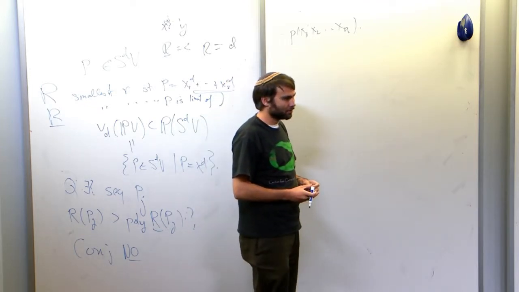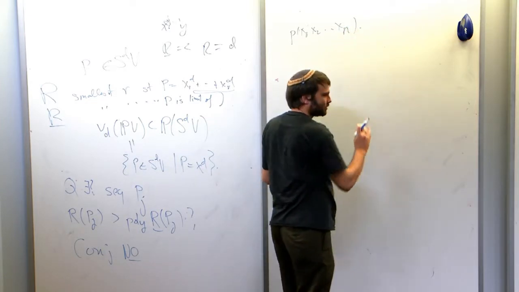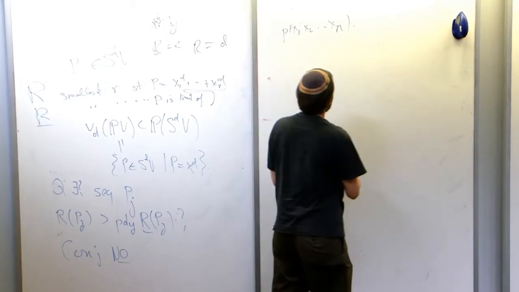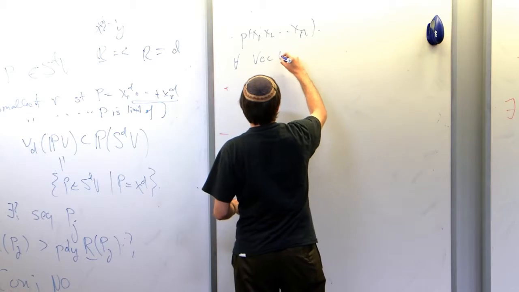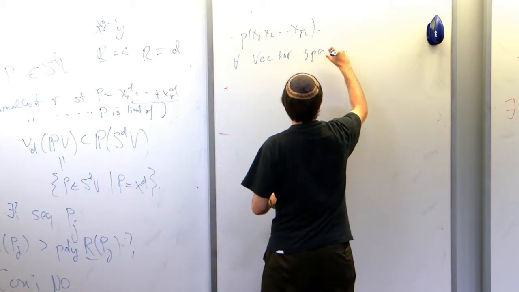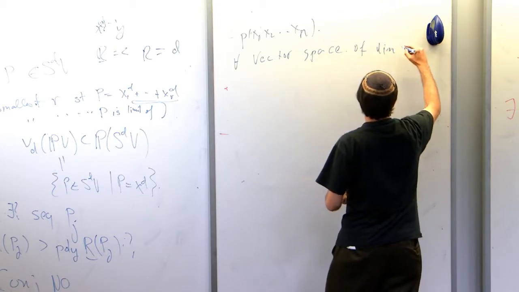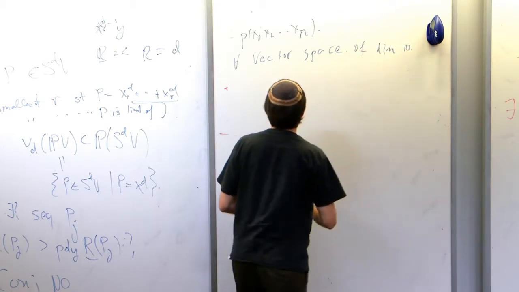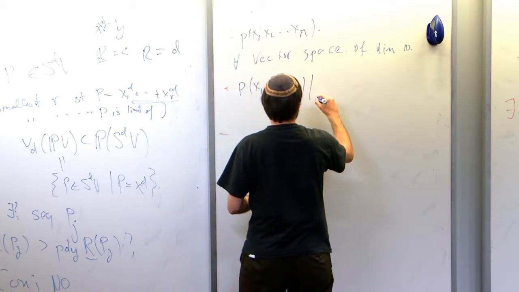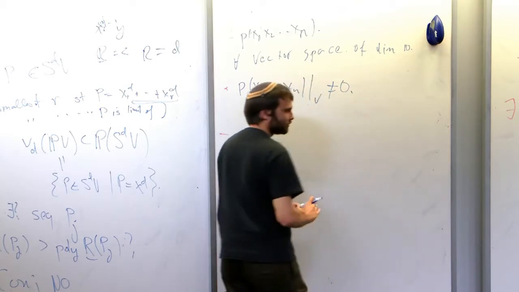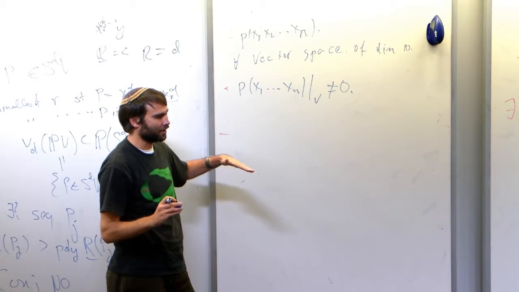So I want to find a polynomial in n variables such that for every vector space V of dimension, say, 10, P of x1 to xn restricted to V is not identically zero. In my opinion, it's a very clean question.